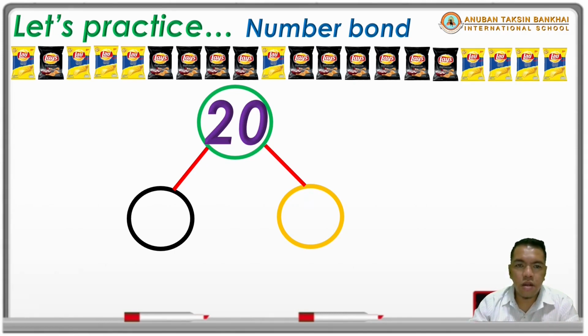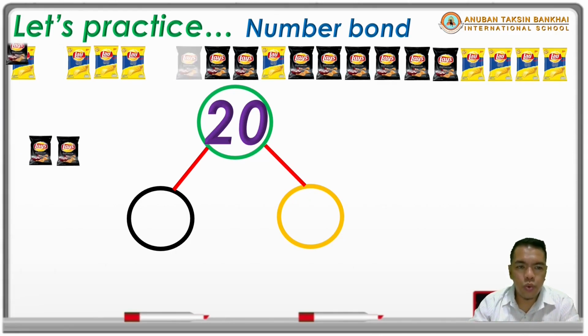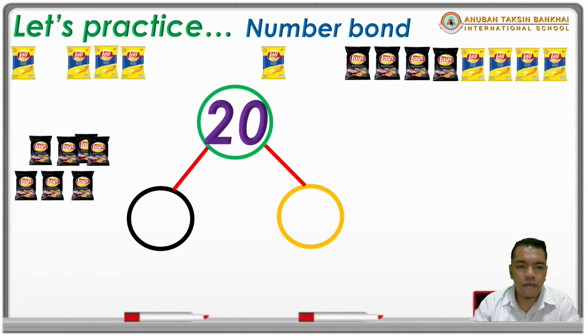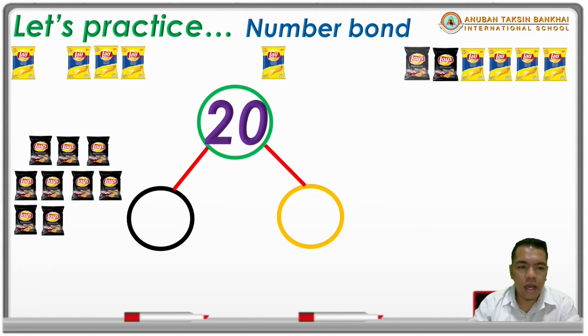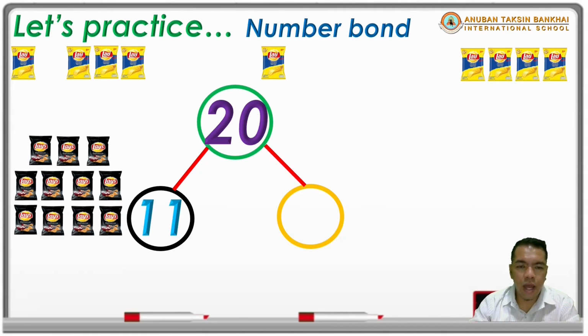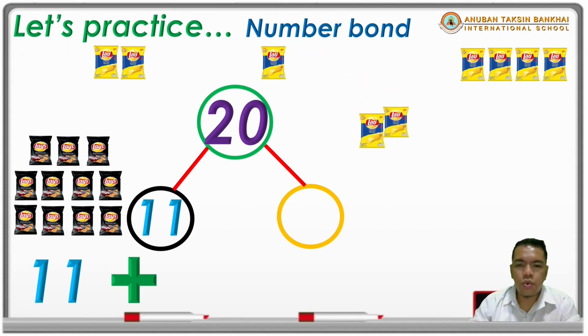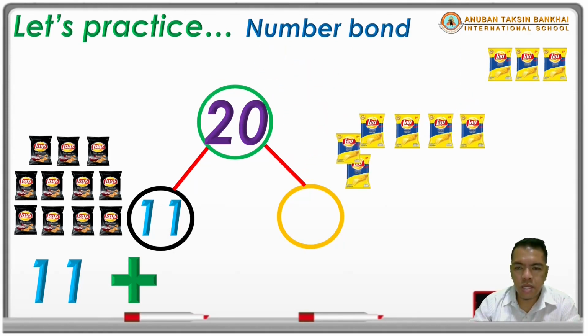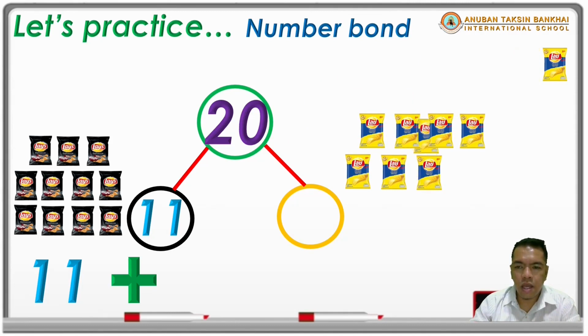Let's count first the black lace. 1, 2, 3, 4, 5, 6, 7, 8, 9, 10, 11. We have 11 black lace. Then, how many yellow lace do we have? 1, 2, 3, 4, 5, 6, 7, 8, 9.